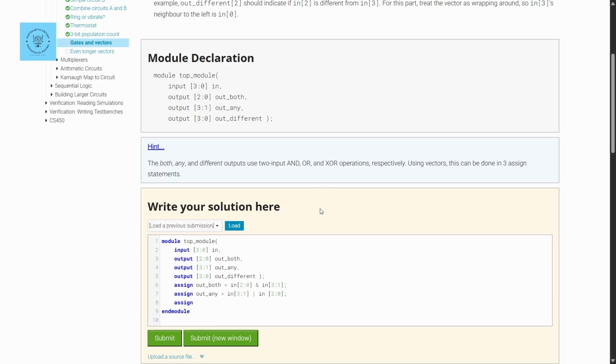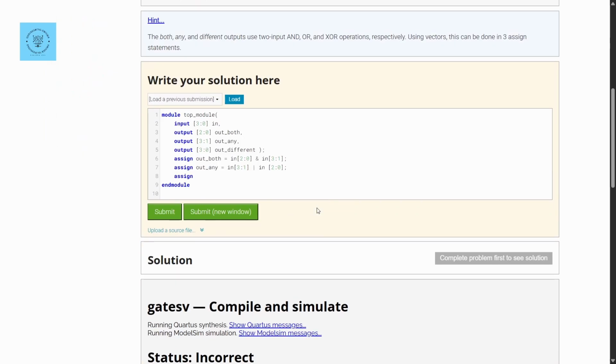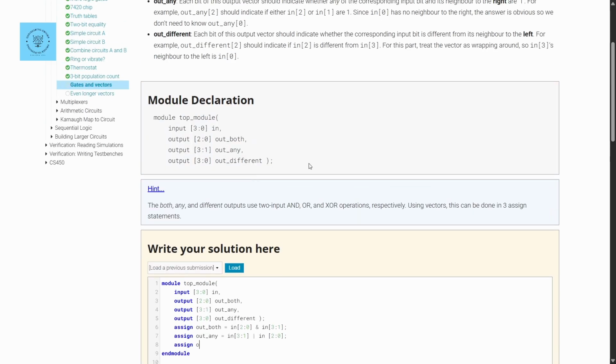Here you can see XOR operations. As we know, XOR operation gives a high value, equal to 1, when the two inputs are different. So assign out_different equal to, we will be checking all the bits XORed with the wrapped version.